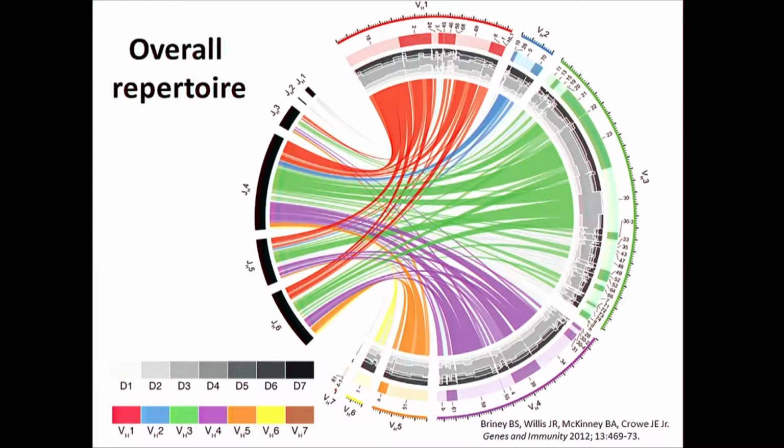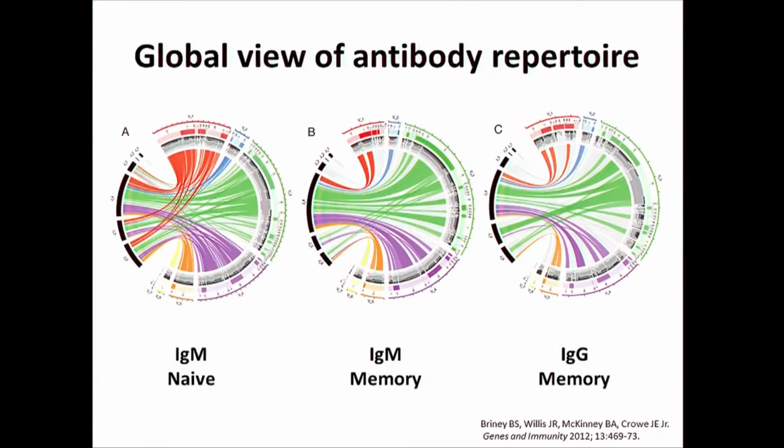And this is just a single sample. In fact, it's just a subset of the blood, because in this person, we sorted out B cells that had never seen an antigen and B cells that were memory cells that had previously seen an antigen, and there's an intermediate type that has not class switched from IgM to IgG. And if you look at these patterns, this is just from a single person, you can see the subsets have different patterns.